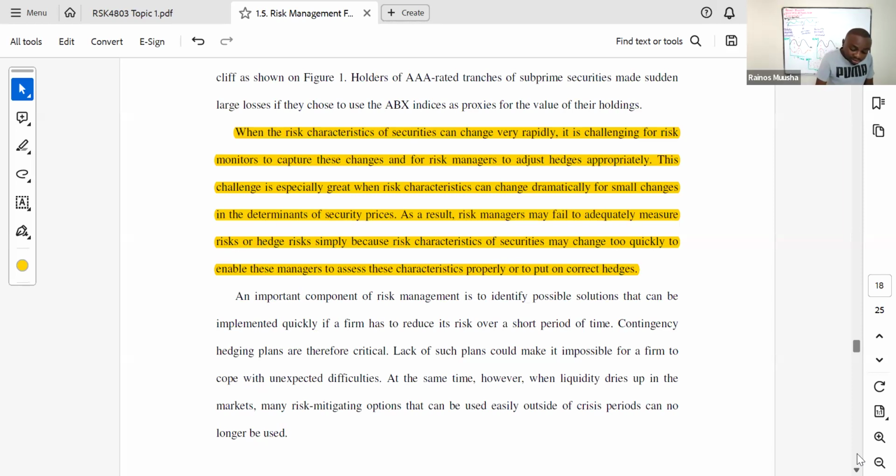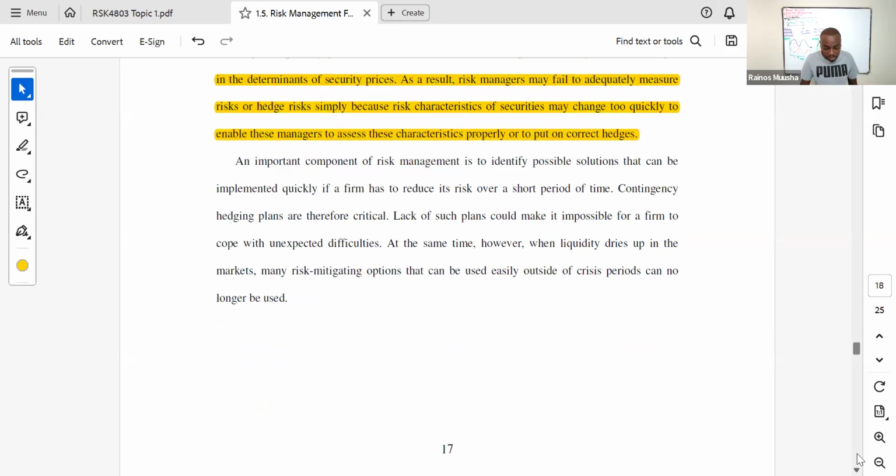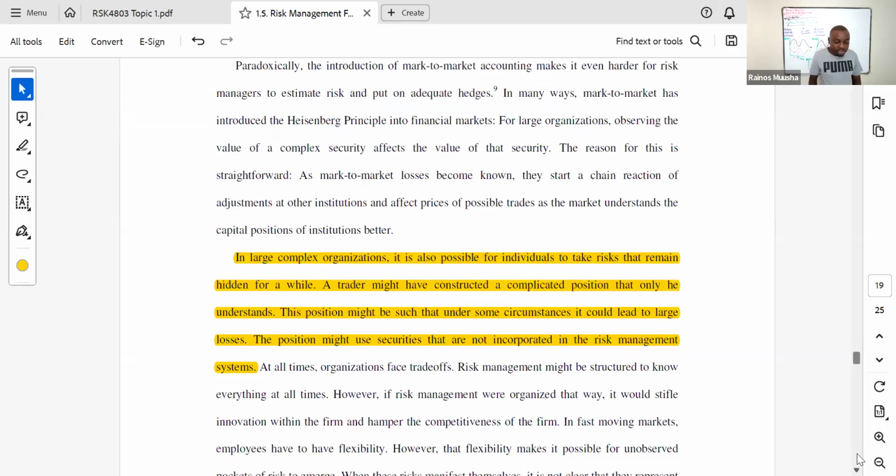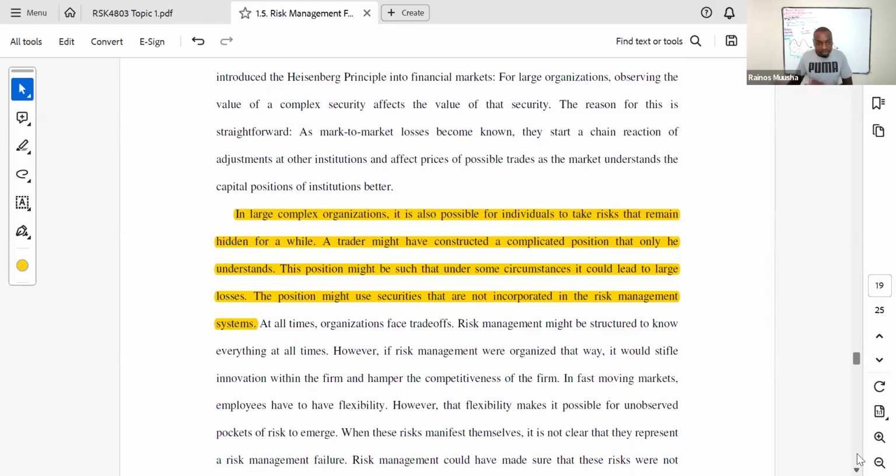So as a result, risk managers may fail to adequately measure risks or hedge risk simply because risk characteristics of securities may change too quickly to enable these managers to assess these characteristics properly or to put on correct hedges as well. Because remember, we're basically saying that in a financial firm, things are changing by the minute.